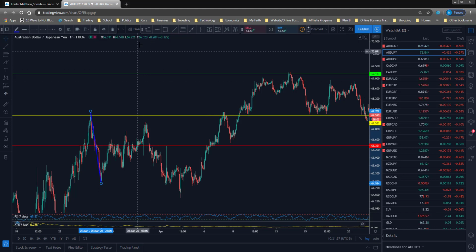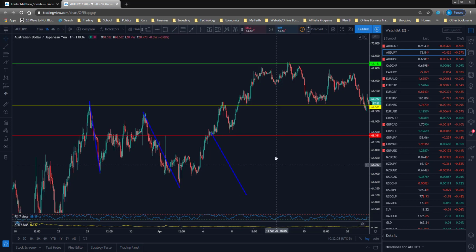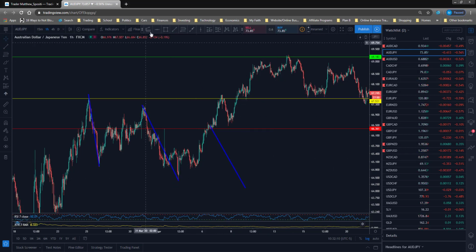1, 2, 3. Okay, this is what a 3 drives complex pullback would have looked like. If you connect all the dots here, you will easily be able to see exactly what I'm talking about.